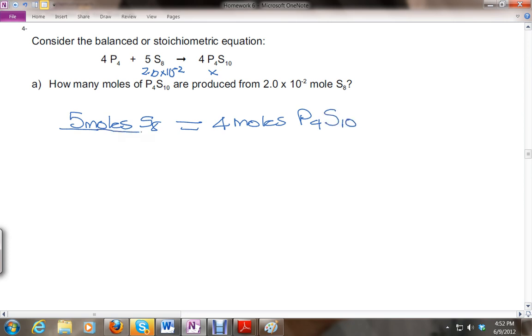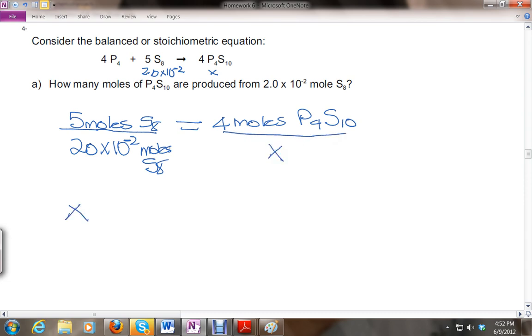So if I have 2.0 by 10 to the minus 2 moles of S8, how many moles would I obtain?